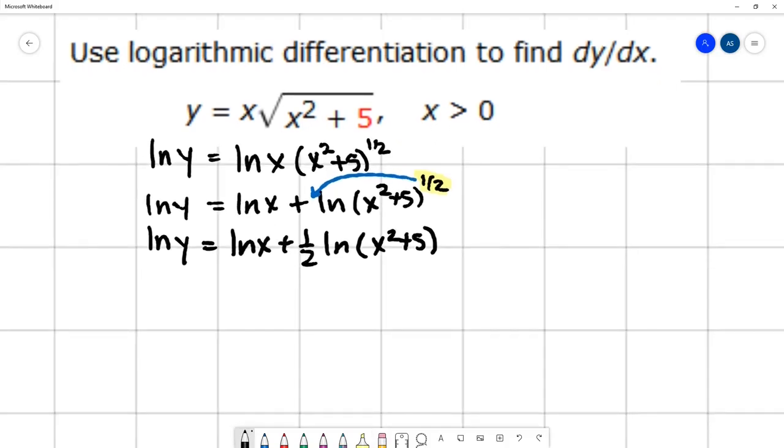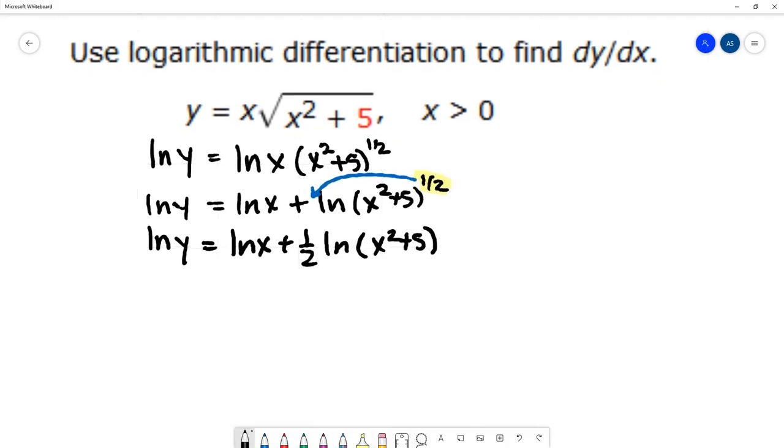Okay, so now that we've used those log properties, I want to use implicit differentiation to calculate the derivative. We're using implicit differentiation because we started off with an equation that's in explicit format, but by taking the log of both sides, we've changed that equation to an implicit equation.